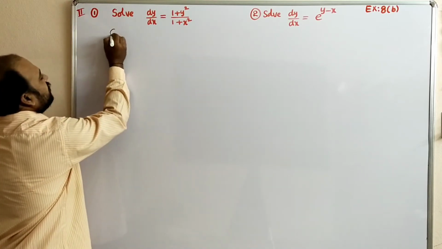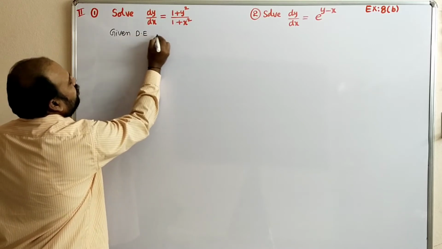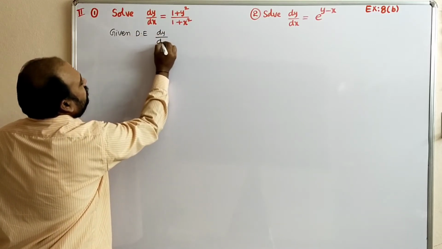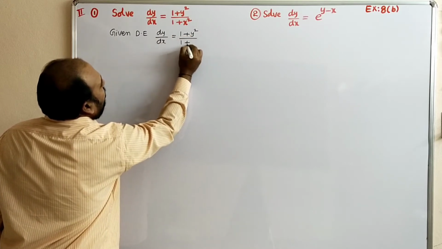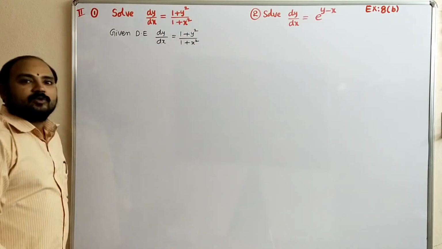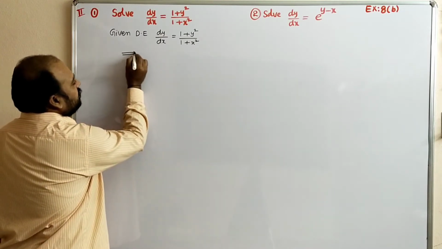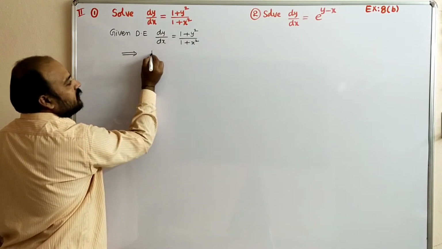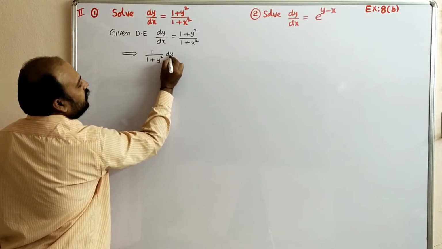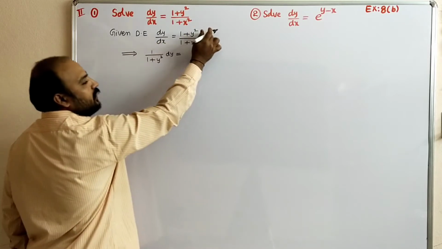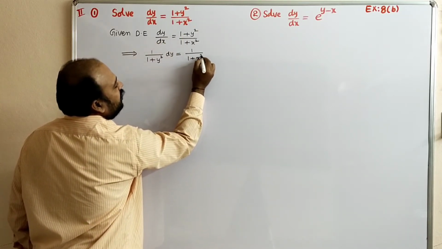So first step is the given differential equation. Dy by dx equal to 1 plus y square divided by 1 plus x square. Now separate the variables y and x. That implies 1 plus y square I am taking this side: 1 by 1 plus y square into dy is equal to dx, we can take 1 by 1 plus x square into dx.